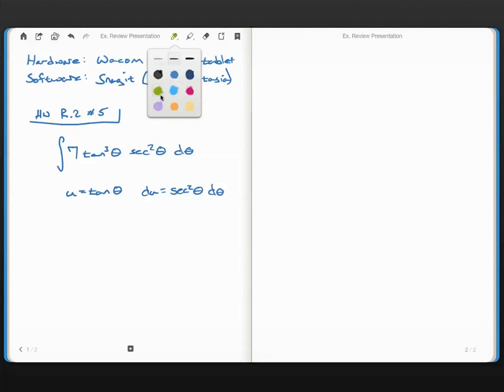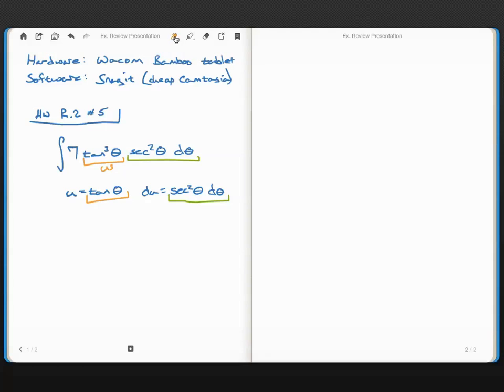I can pick my green pen here, and so I notice that I've got a secant squared theta d theta right here, so that matches up with this pretty nicely. And then I can, in different colors, say that u is tangent theta, so that becomes a u cubed, right?